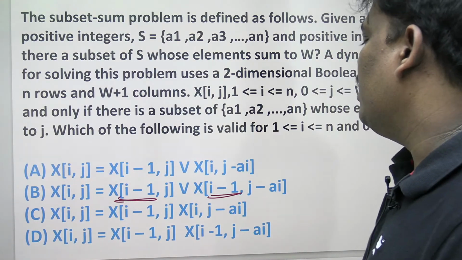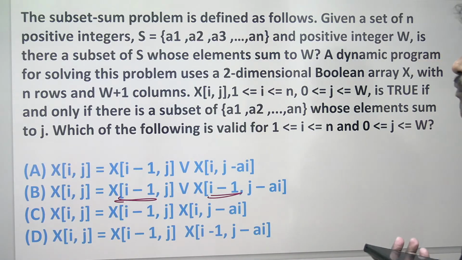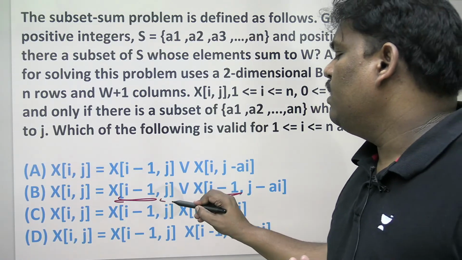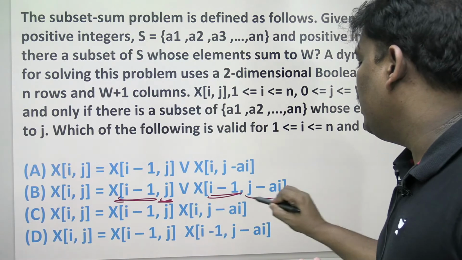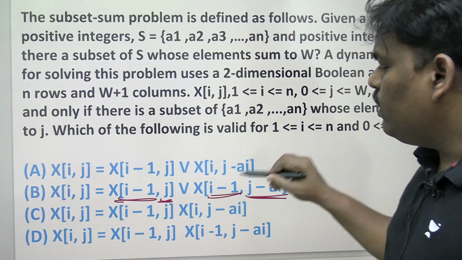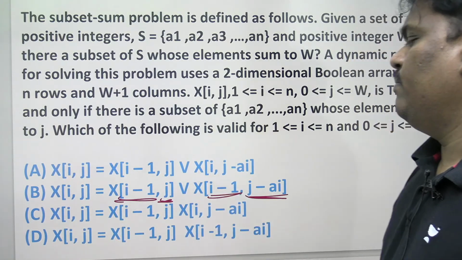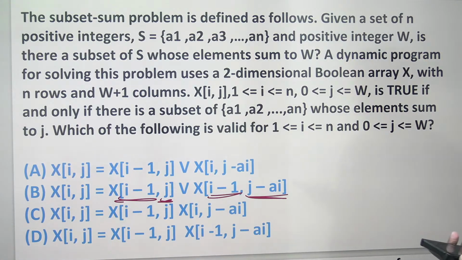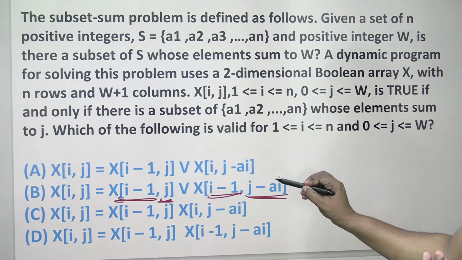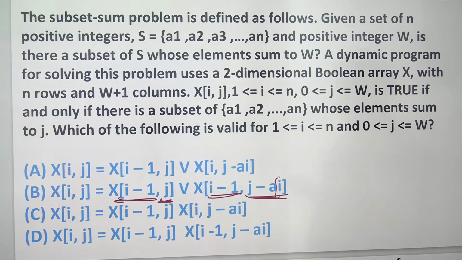So it is X of i minus 1. If you take, from the j, a of i will be eliminated. If you don't take, it is not eliminated, j only.